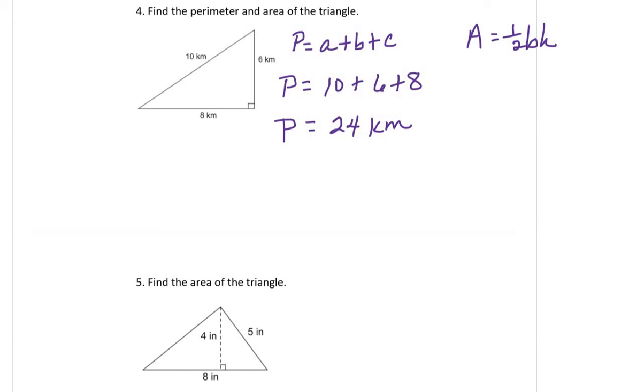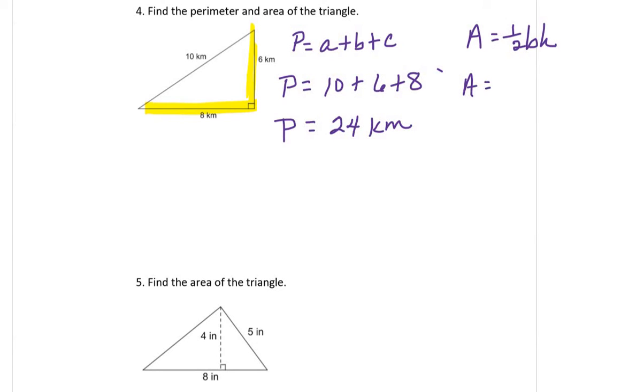Now, the base and the height do matter. The base and the height have to form a right angle. So in this case, the base is 8 and the height is 6, or 6 is the base and 8 is the height, whichever way you want to think of it.